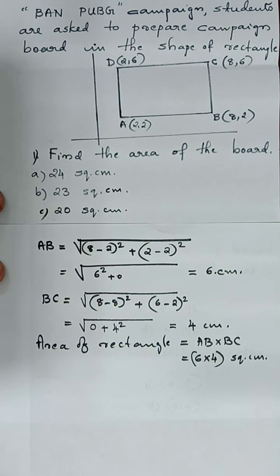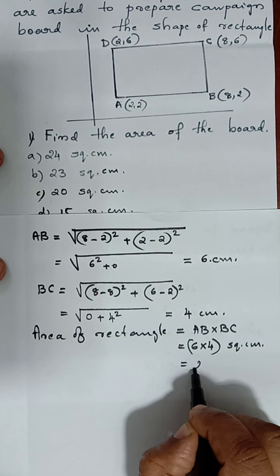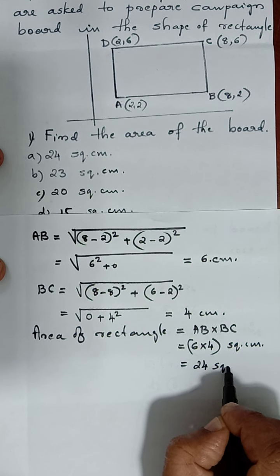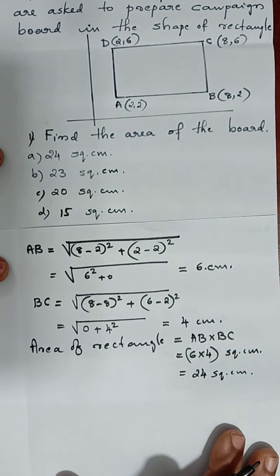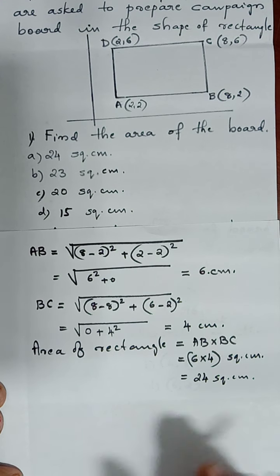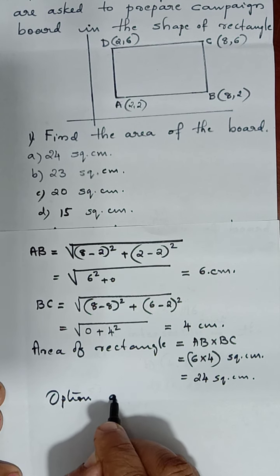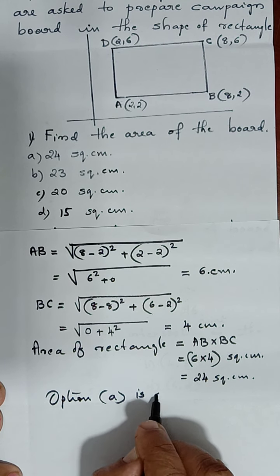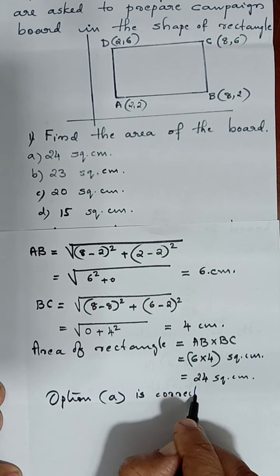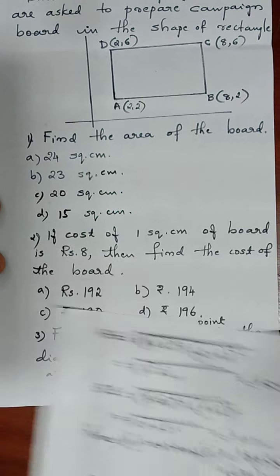Reason: centimeter into centimeter is square centimeter. 6 4s are 24 square centimeter. Check the option, 24 square centimeter. Option A is correct. Let us move on to question number 2.